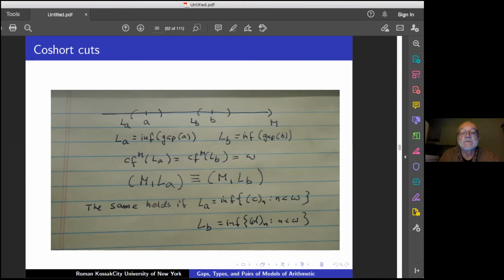And it's even more general. What really matters here, what establishes this elementary equivalence between pairs, is that both LA and LB are what we call downward omega coded. They're infima of coded decreasing omega sequences, and that's enough to establish this elementary equivalence.